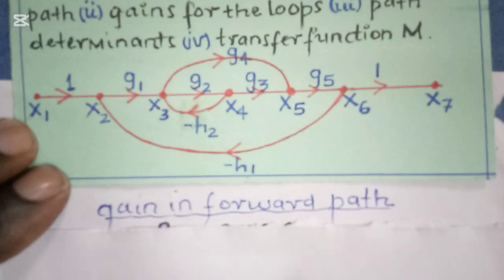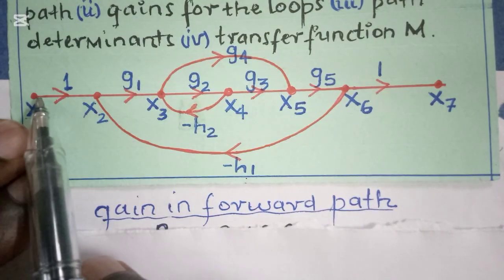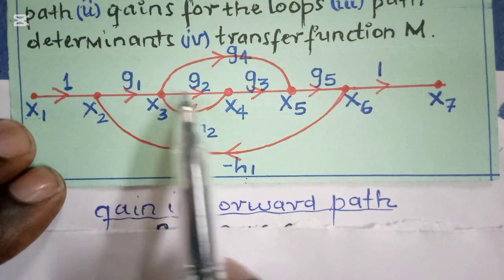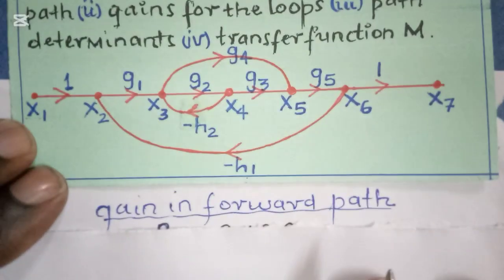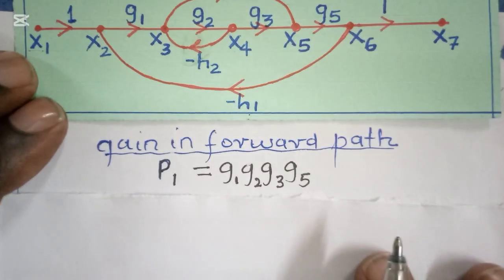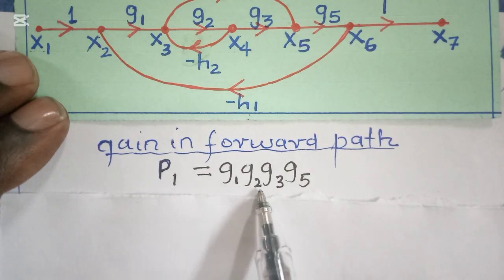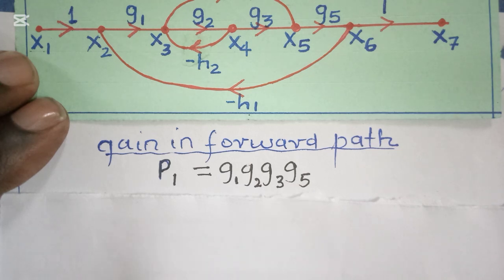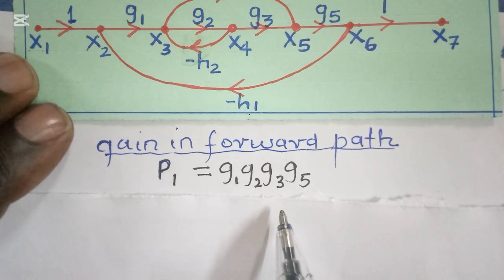And so looking for those paths, guys, we have this first one, which is G1, G2, G3, G5. And this is what I have written here. G1, G2, G3, G5. That is our first forward path, and it is actually the gains of the forward path.